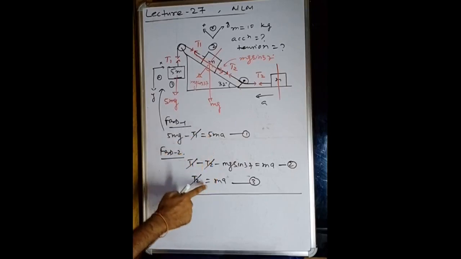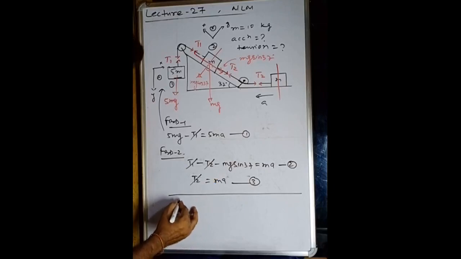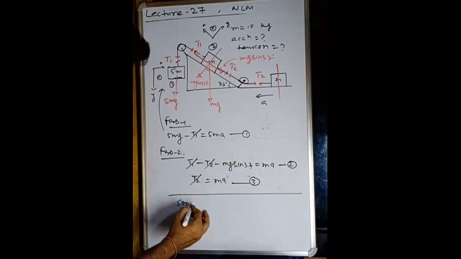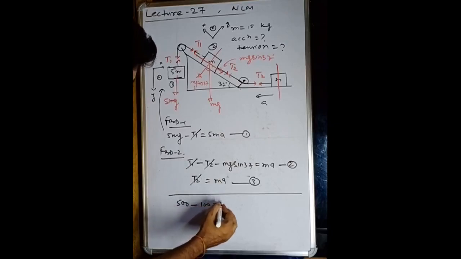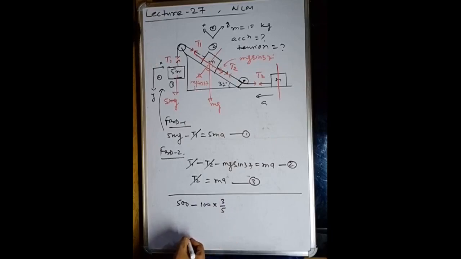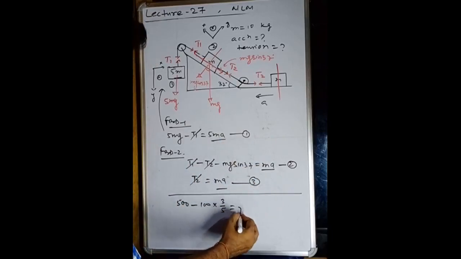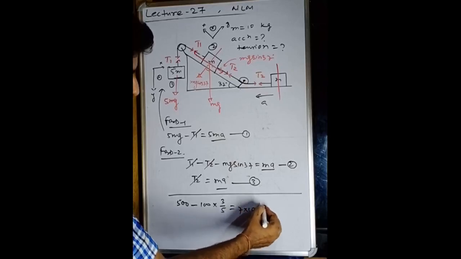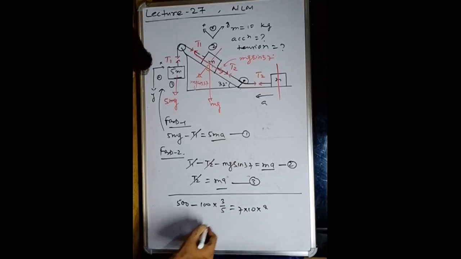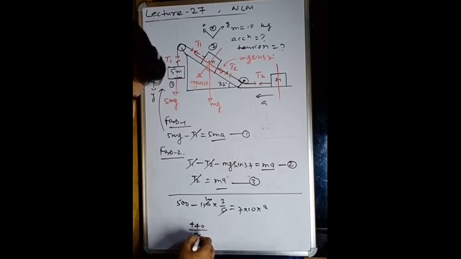So 5 mg, it is 500, minus 100 sin 37, it is 3 by 5, is equal to 5 plus 1 plus 1, that is 7, ma. So you can find the acceleration here, 440 divided by 70, it is a.